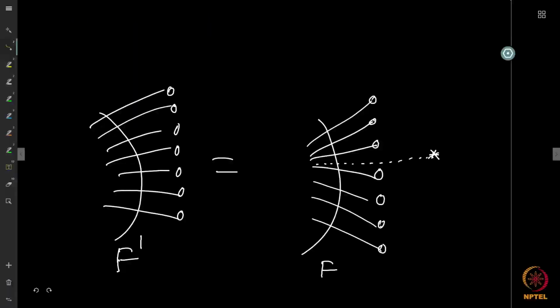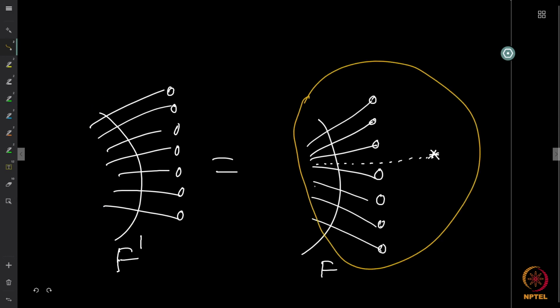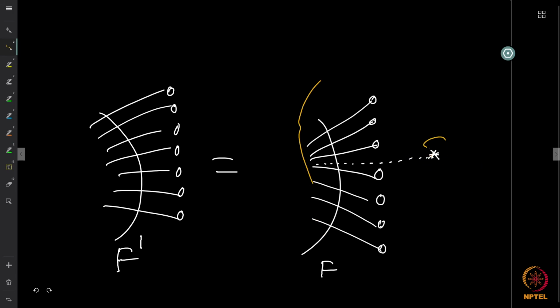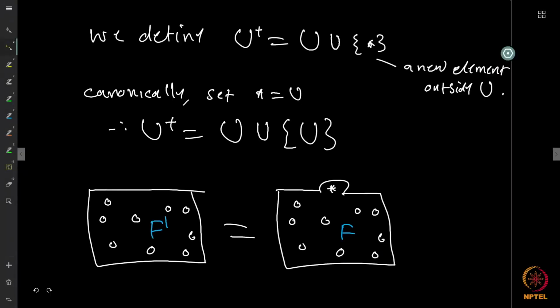So let us look at the picture. The F prime structure on a set is basically an F structure on the set together with a new element, where the new element is discarded after making the structure F. So we define U plus as the set U union a new element star, where star is an element that is not in U, right?